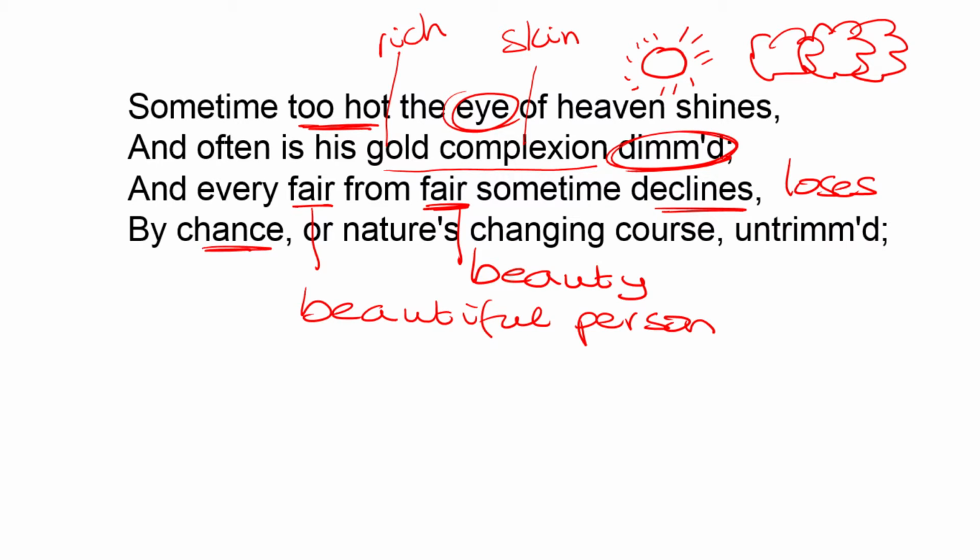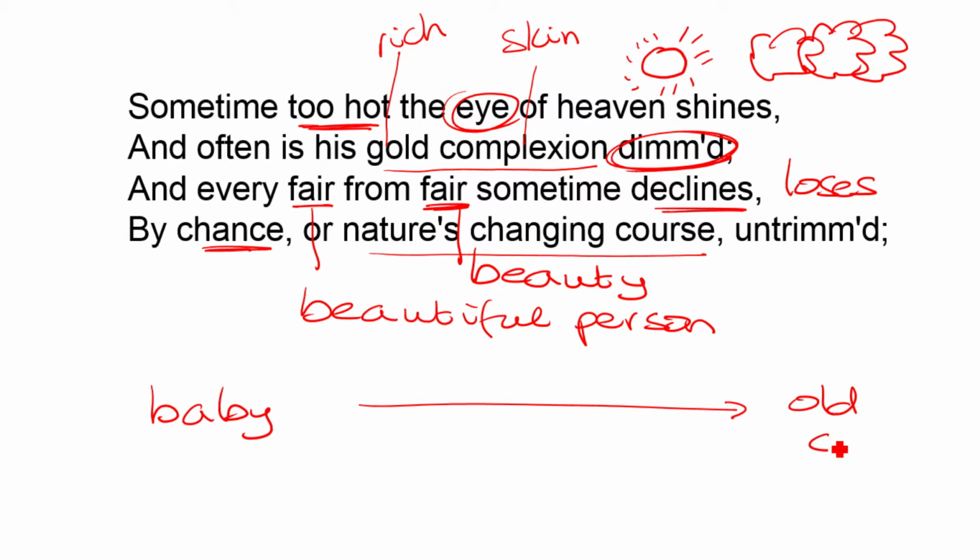Why? Chance or nature's changing course. Either chance, things that happen by accident, or the course of nature. So nature, you know, what's the course of nature? You go from baby to old age. There really isn't much choice. And if you don't change that course, then you're going to get old and you're going to get ugly.